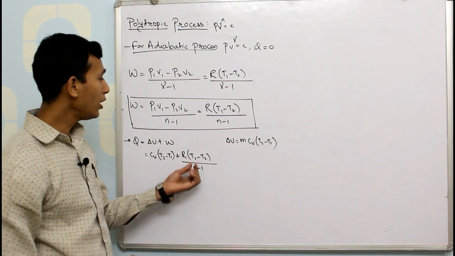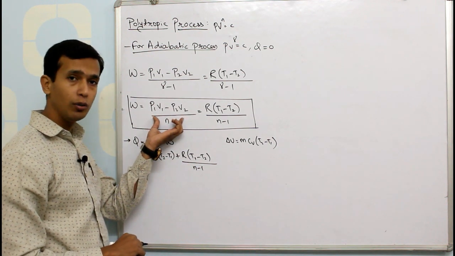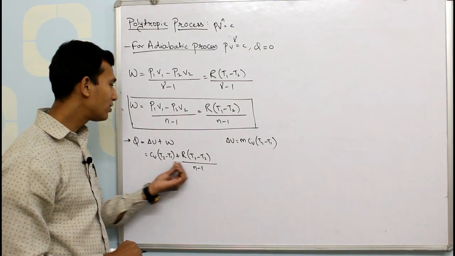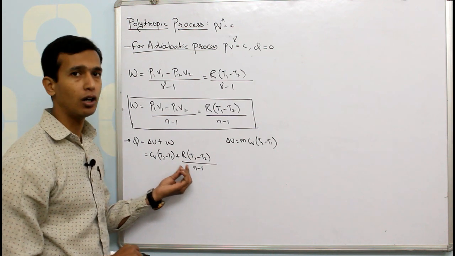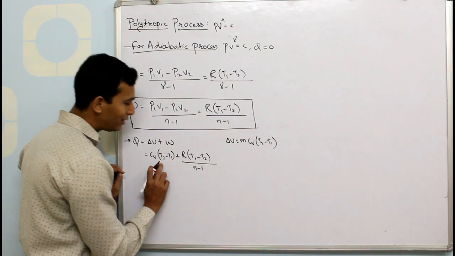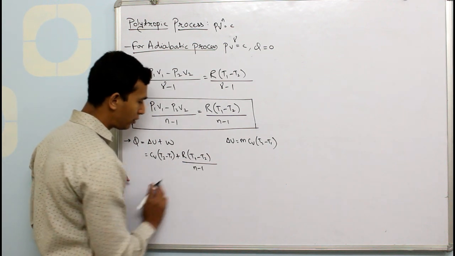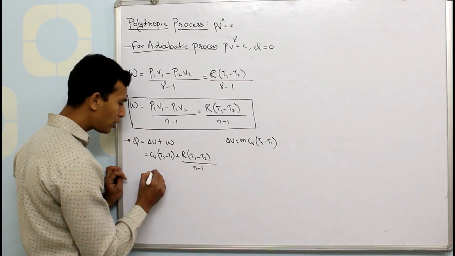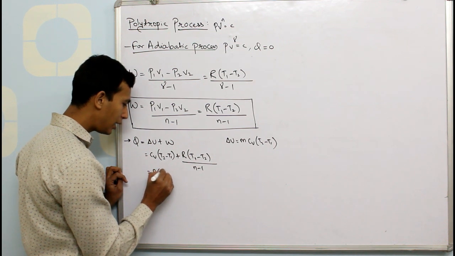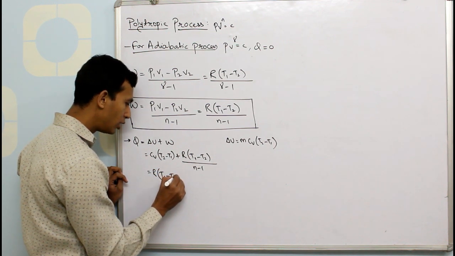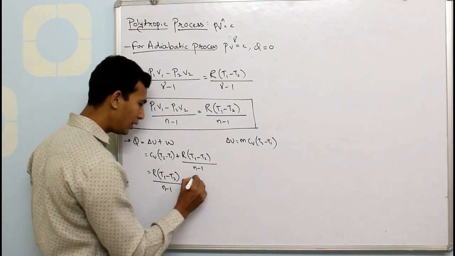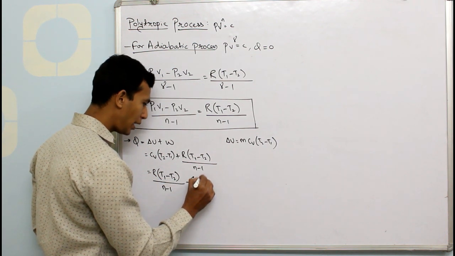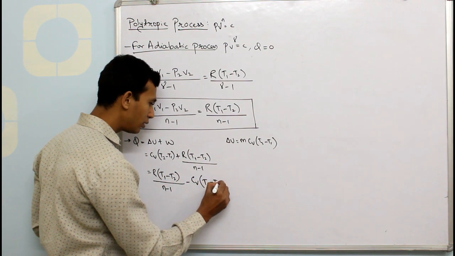Now I have not used this formula because here I need something common, and here the bracket T2 minus T1 is coming common. Writing this bracket in terms of this, by rearranging we can write R into bracket T1 minus T2 divided by n minus 1 minus CV into bracket T1 minus T2.